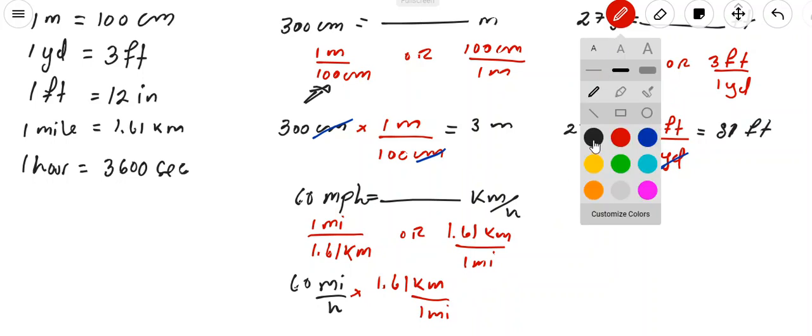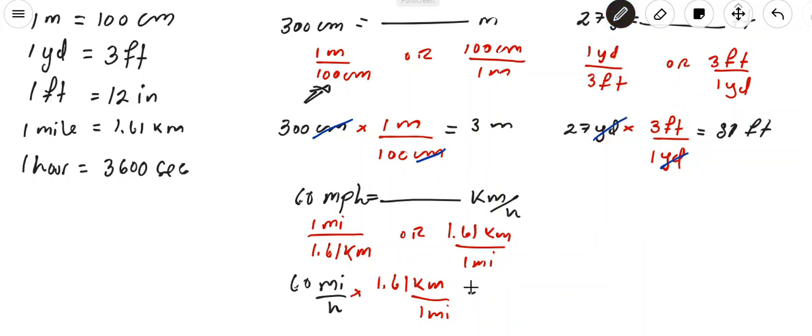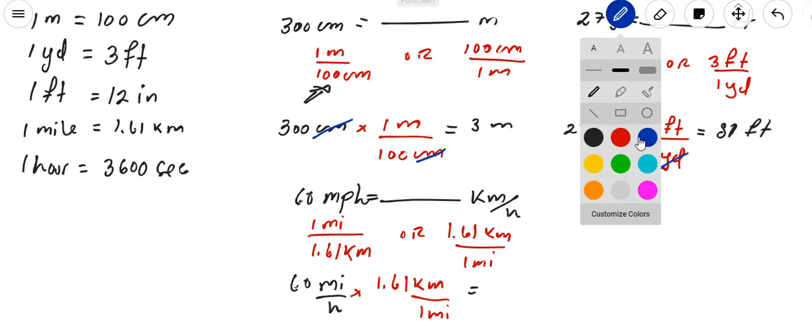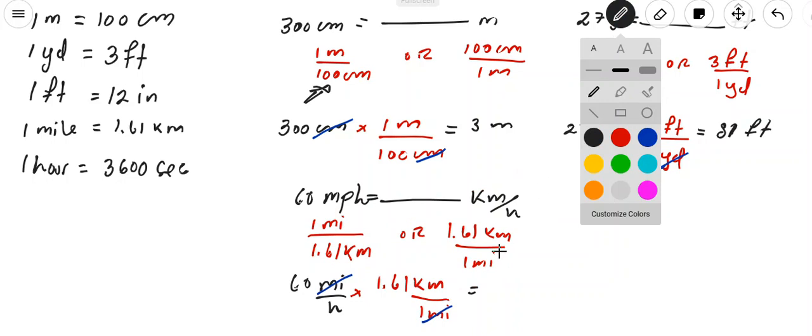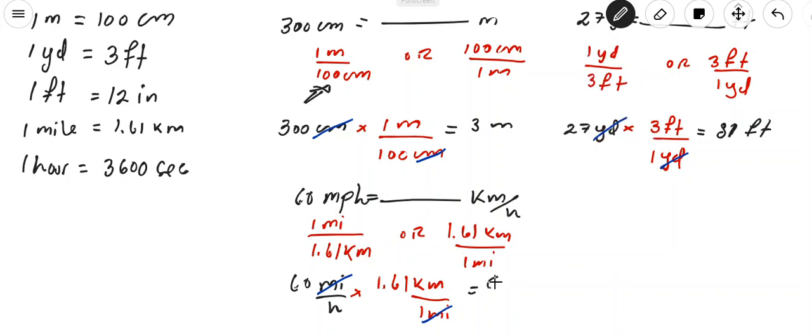So if I multiply now, of course, I will first simplify the miles here, and we get now 60 times 1.61. So let me multiply with my calculator. 60 times 1.61. This is equal to 96.6 kilometers per hour.